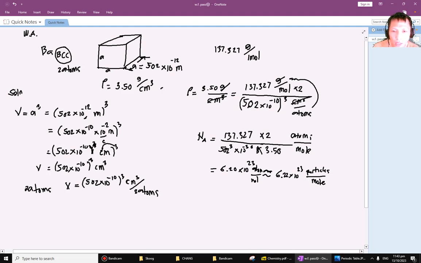As long as the particles are atoms or a group of atoms like molecules, or probably isotopes, ions, or even subatomic particles, protons, electrons. I have already seen computations like this in other chemistries, when you talk about electrons or protons with respect to Avogadro's number. So this constant is a powerful one. So that's how we compute the Avogadro's number. So thank you for this problem.